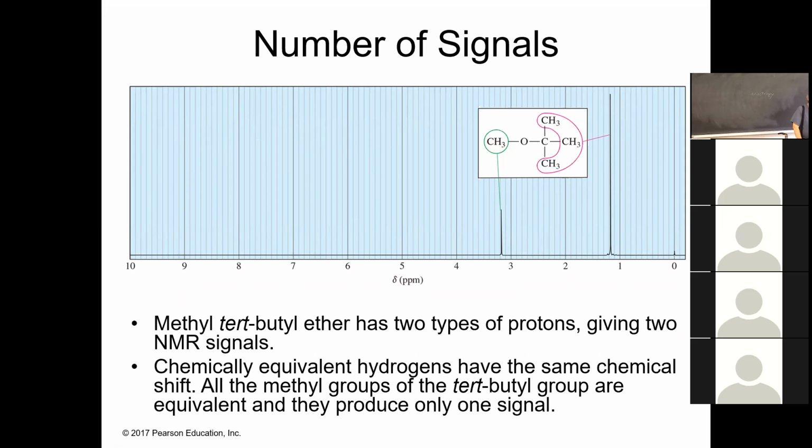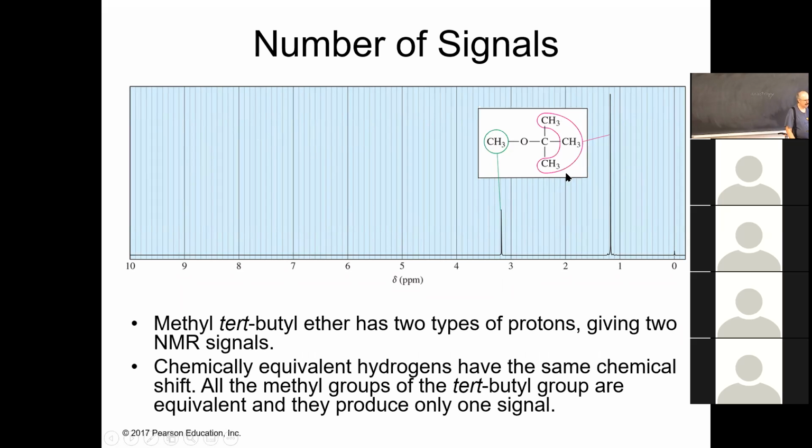Right, we alluded to this earlier with methanol, and that is the number of distinct types of protons will correspond to the number of signals. Okay, so here we have methyl tert-butyl ether, and the methyl protons are distinct and different from the tert-butyl protons.